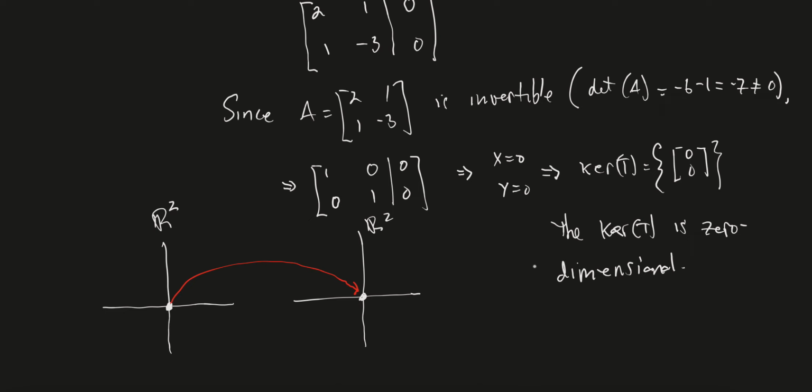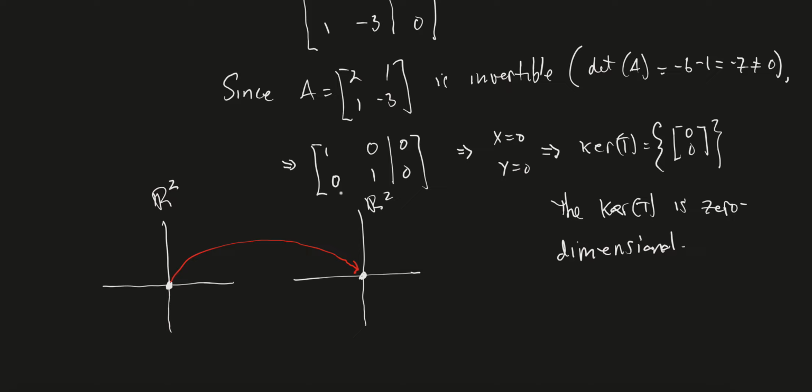So you can have kernels of any non-negative dimension: 0, 1, 2, etc. It just comes down to the matrix, to when you put it in echelon form. Do you have any free variables that would give you infinitely many solutions to this homogeneous system? In this case, we did not have any free variables because our coefficient matrix was invertible.